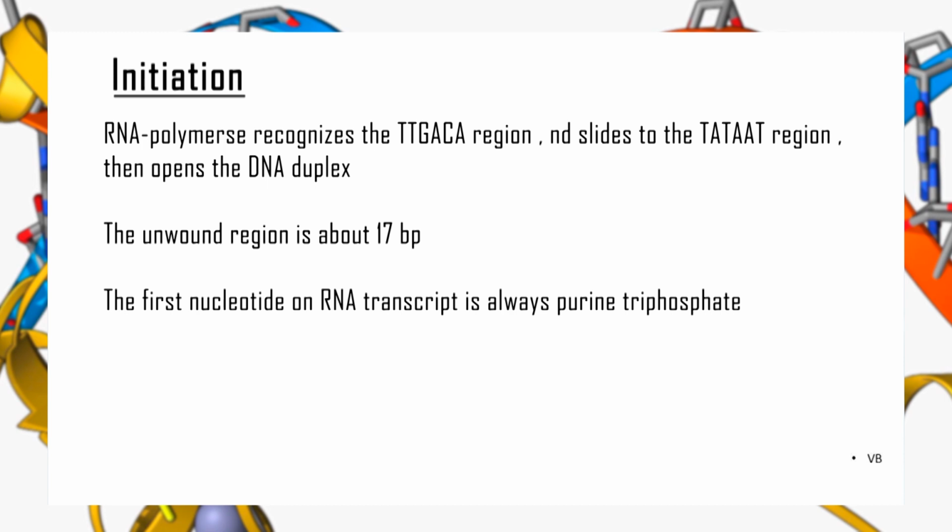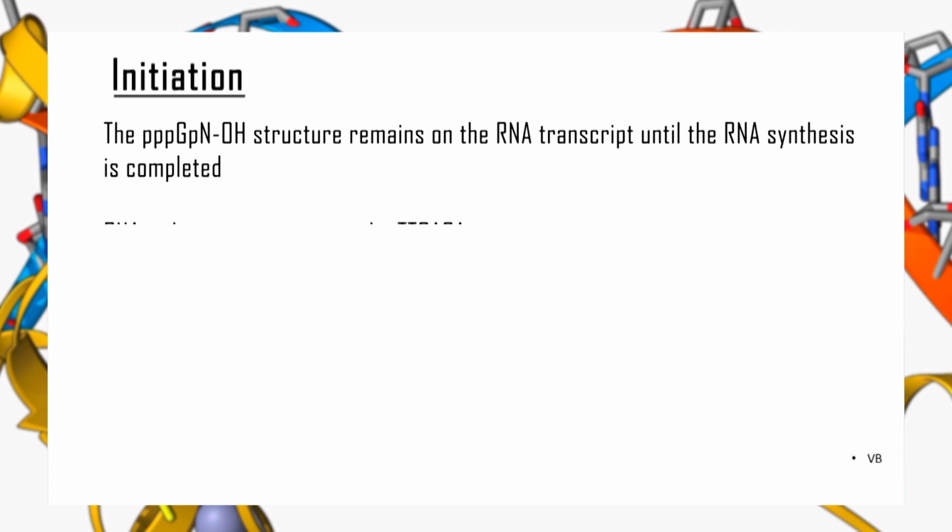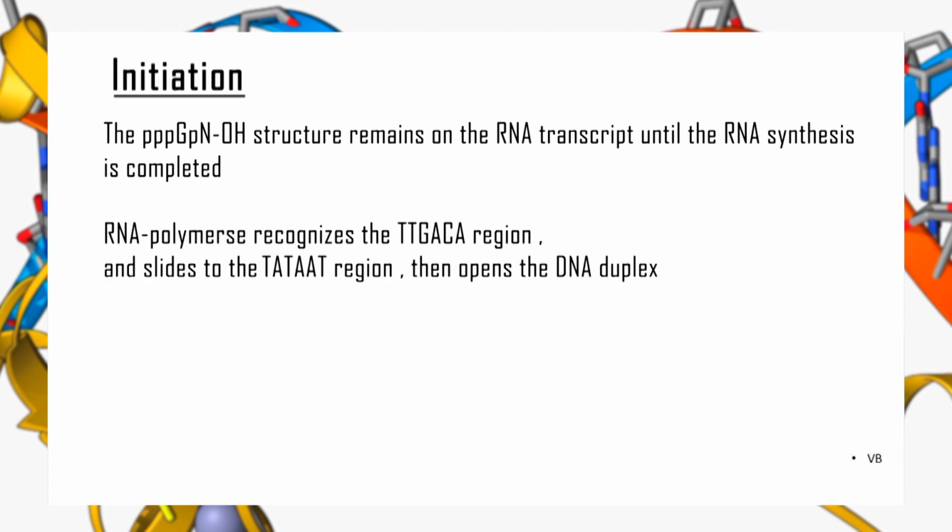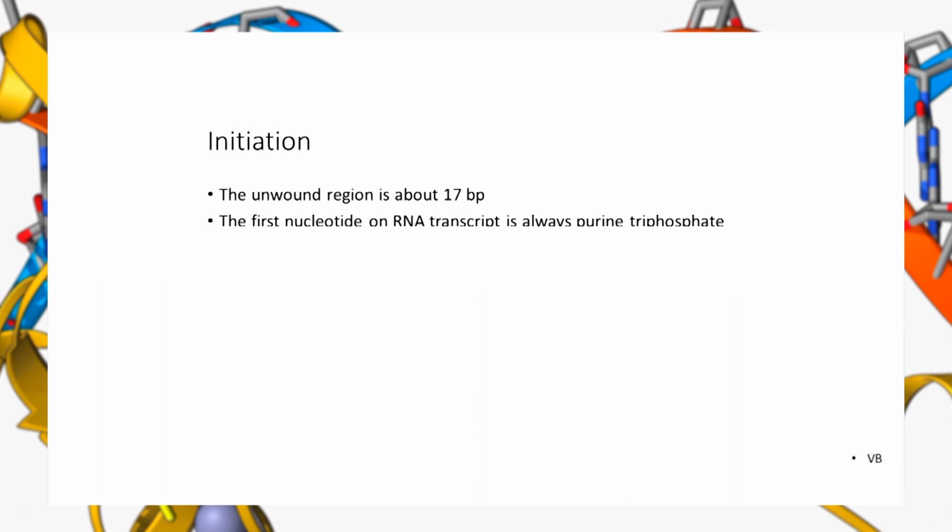The first nucleotide on the RNA transcript is always a purine triphosphate. GTP is more often used than ATP. The pppGpOH structure remains on the RNA transcript until the RNA synthesis is completed. The three molecules form a transcription initiation complex.